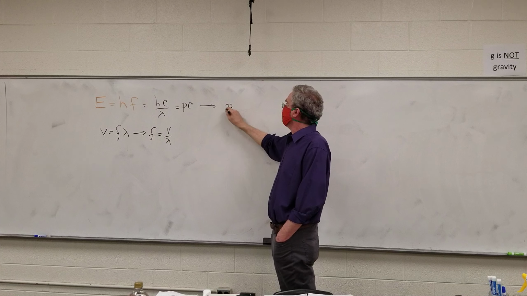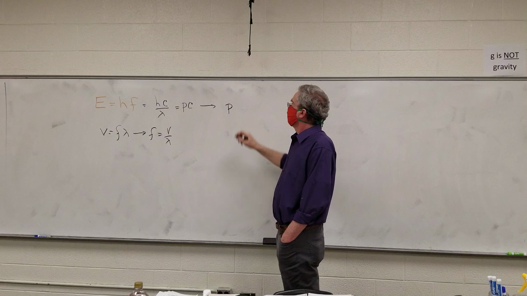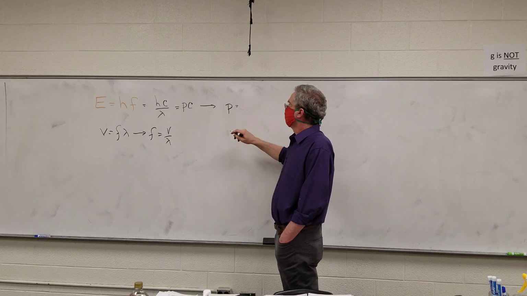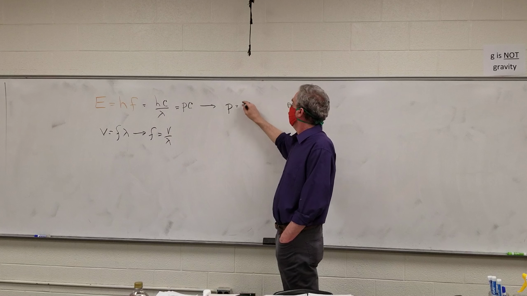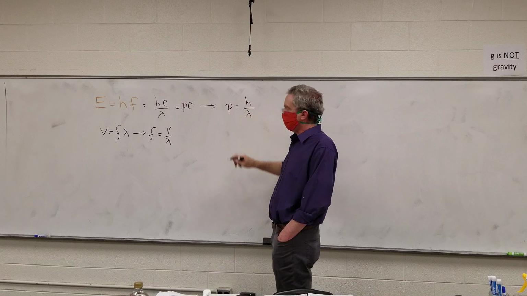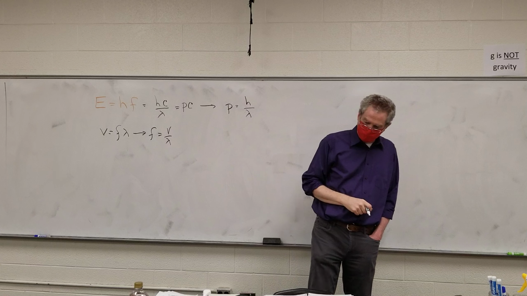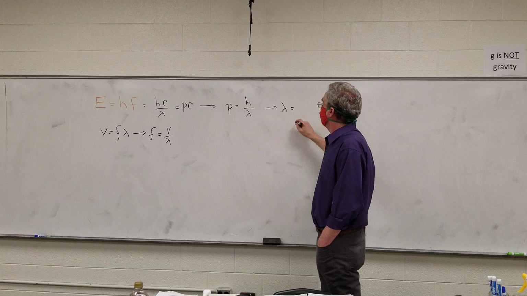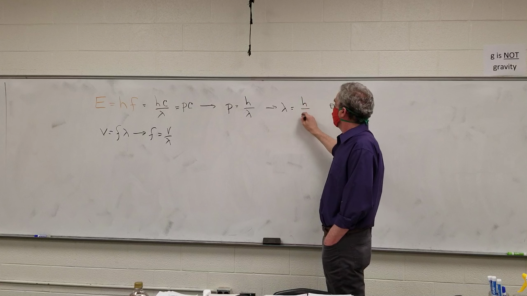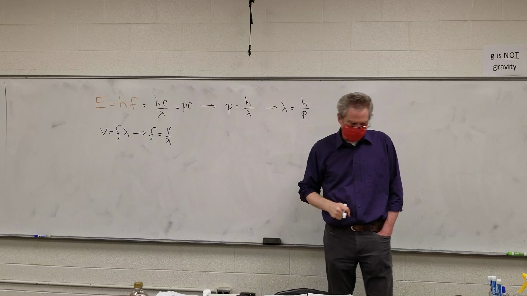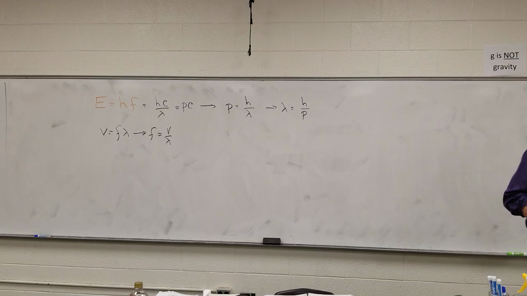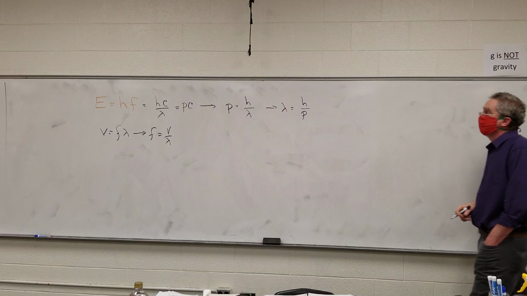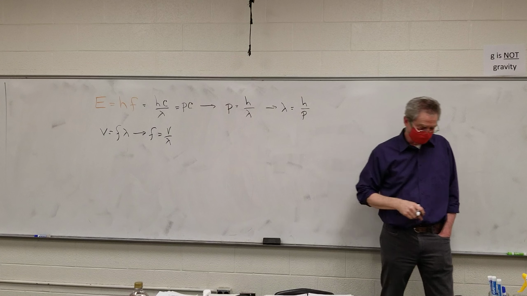So that the momentum of light is equal to Planck's constant divided by the wavelength. Or the wavelength of light is equal to Planck's constant divided by the momentum. It's just manipulation of letters at this point. And this is all concerning light.